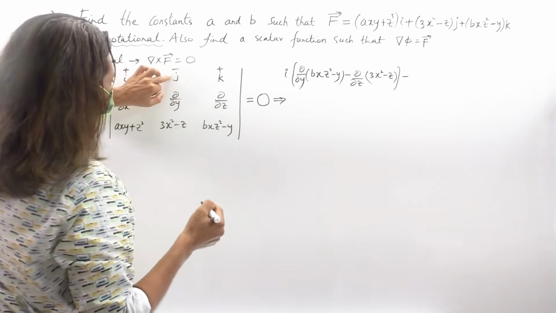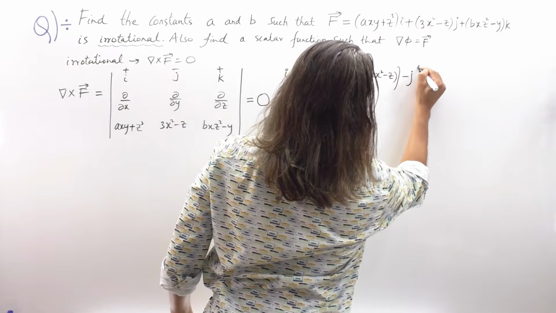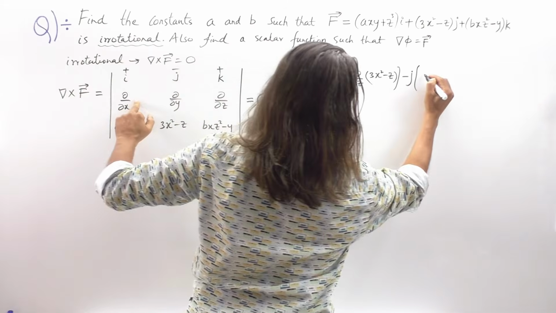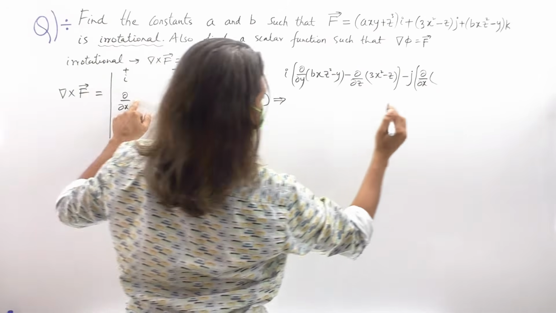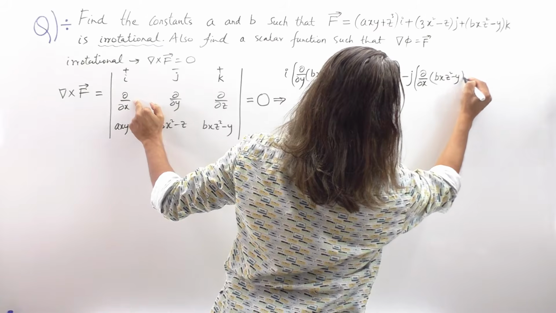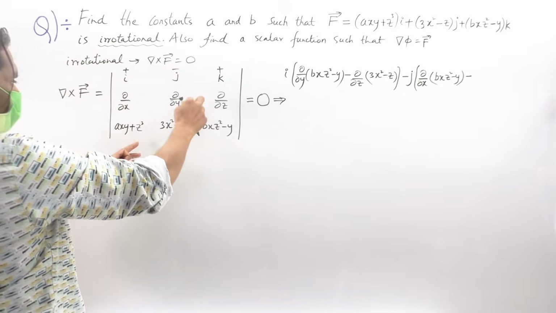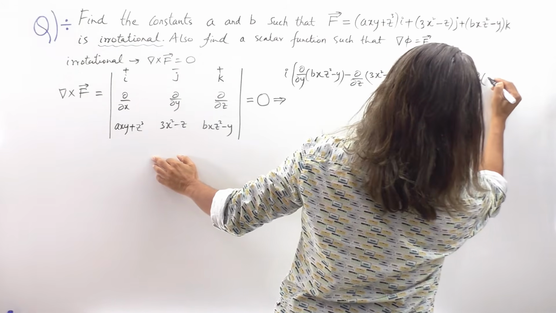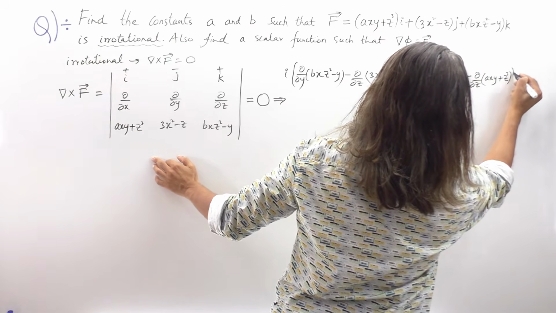Be careful while solving the determinant and doing partial differentiation, otherwise you lose marks. Then minus, as I told, the j term is always minus j into, leaving this column and this row, dou by dou x of bxz square minus y, minus dou by dou z of axy plus z cube.